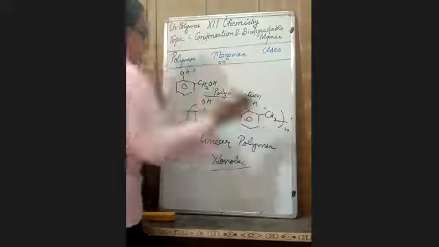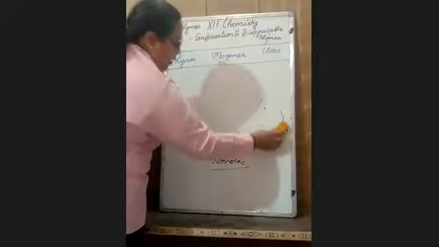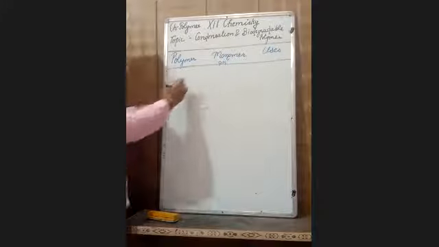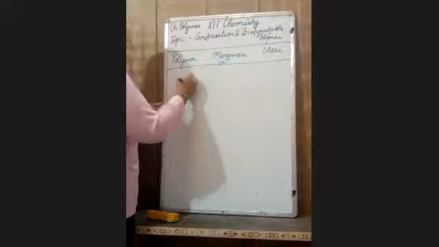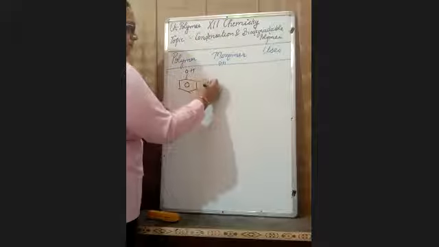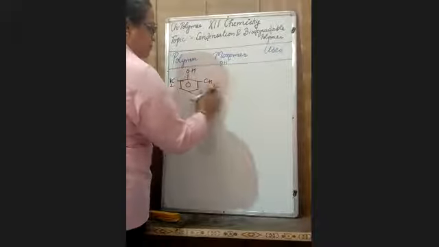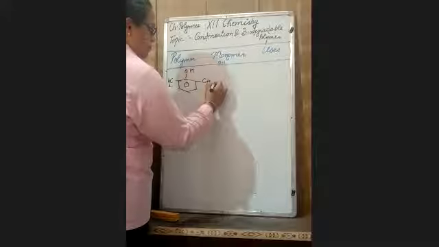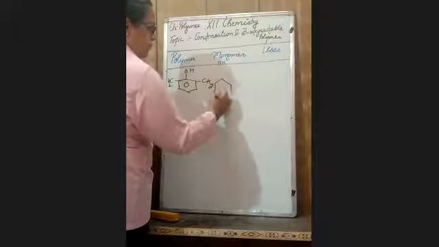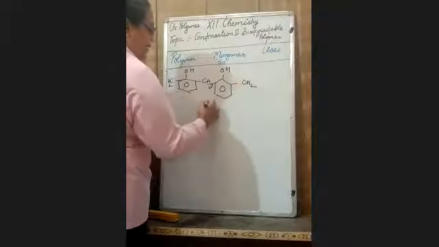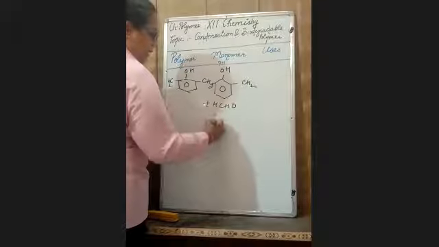How will it form? Take out your notebooks and just draw with me. How it undergoes polymerization to form Bakelite. Draw it with me. Novolac combines with formaldehyde to form Bakelite.